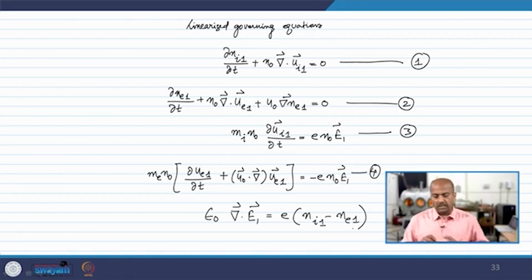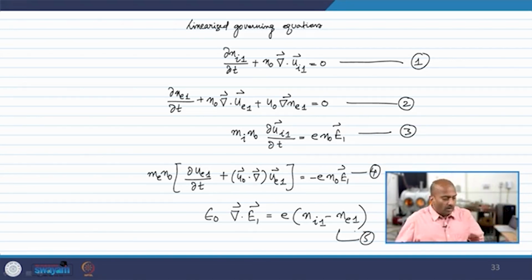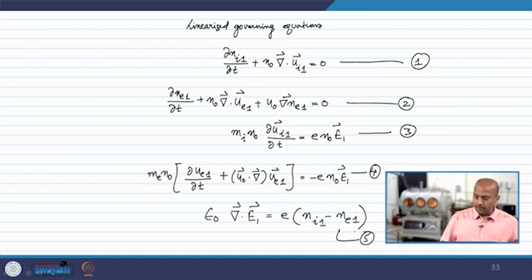So, you are assuming that the electrons are moving ahead and the ions are actually at rest. We call this equation number 5, right. Before you get these equations, there are at least 10 different steps, 10 other equations, after which you get these equations. After this, the process is simple.